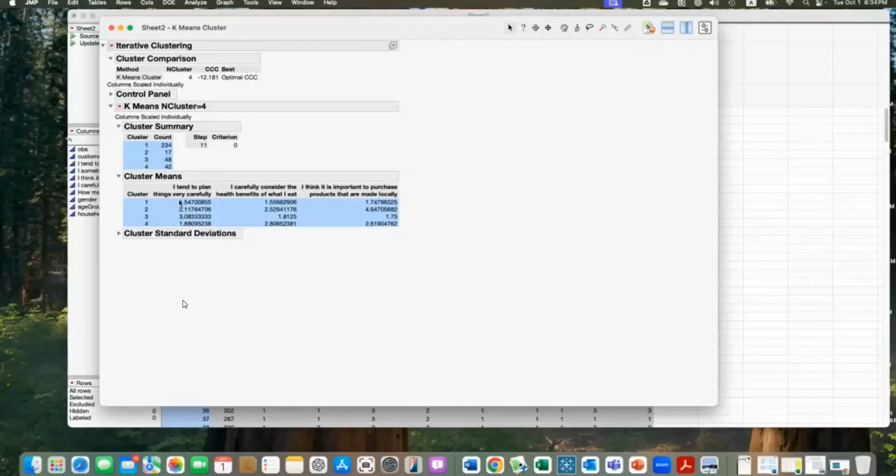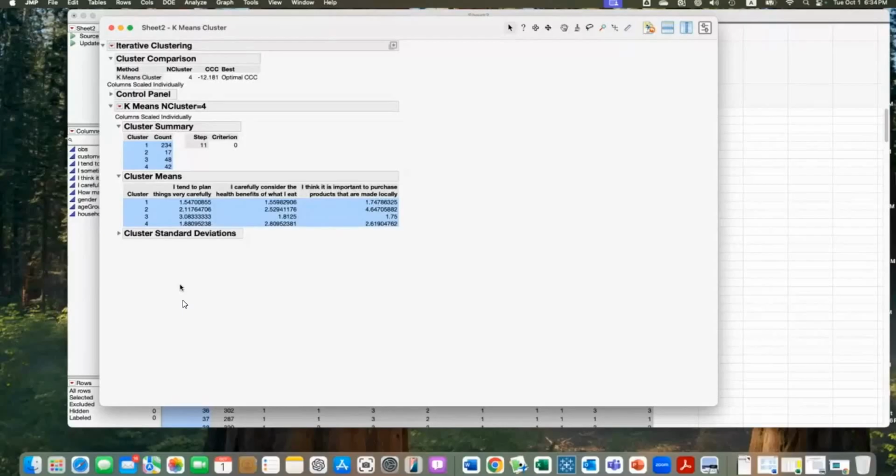So let's see what about cluster 1. Probably here we can see for cluster 1, for whether they plan things very carefully, it's low, it's 1.5, right? Also, "I carefully consider the health benefits of food" is also low. And then "important to purchase products made locally" is also low compared to other clusters.